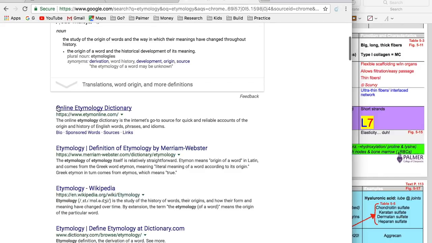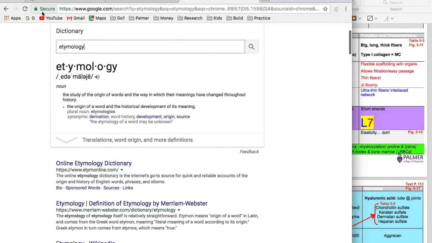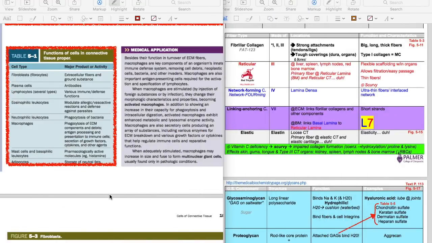This is a great way to learn what words literally mean, because a lot of medical terminology is going to be found within different types of words, okay? So macrophages are like a real classic immune system cell that eats things. So they're going to be eating garbage, basically, in tissue, and they also do other stuff that you'll get into in immunology class.